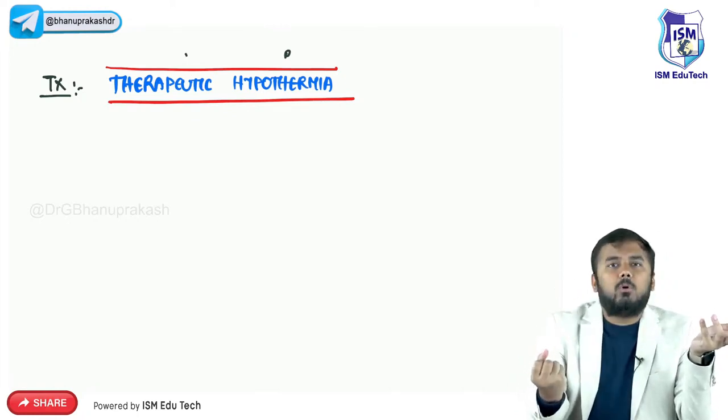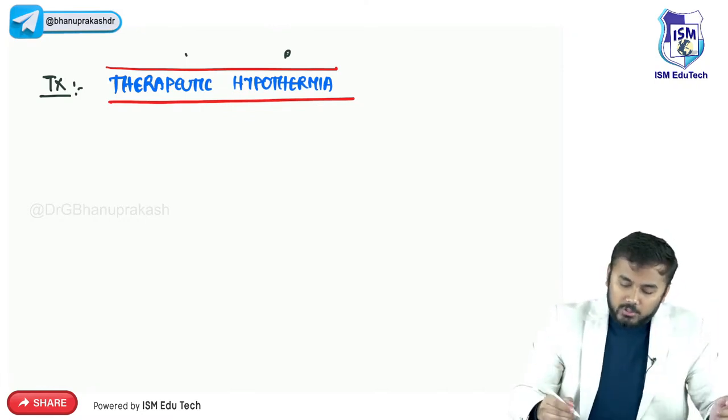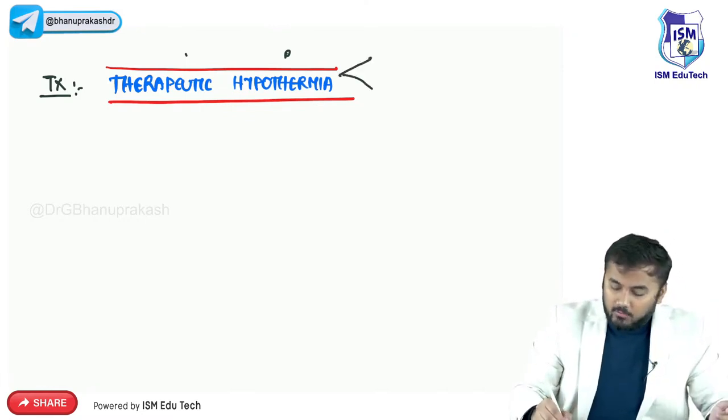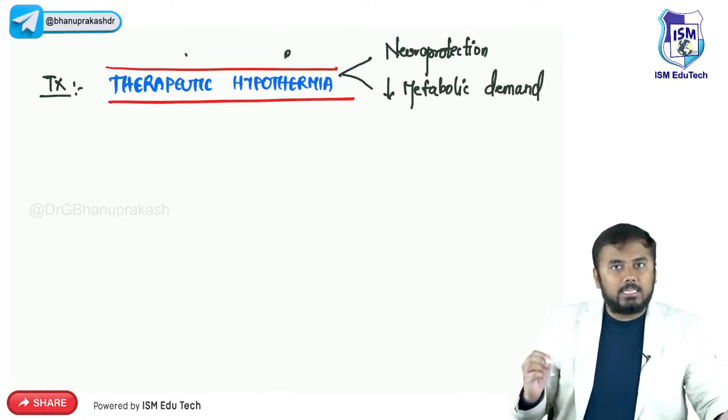To decrease that metabolic demand, I do therapeutic hypothermia. So two important things here: one is neuroprotection, and the second is that it will decrease the metabolic demand.